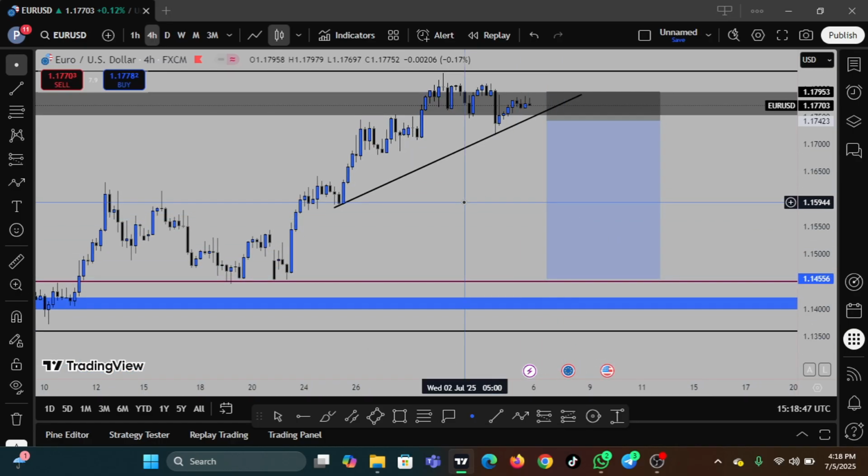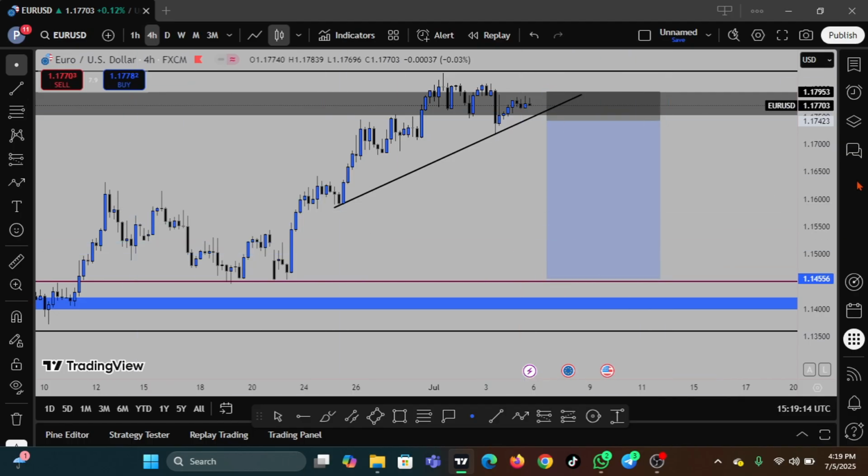So Euro USD, we are bullish as well, but we only want to capitalize on the movement to the downside. The one on GBP USD is not really looking juicy to take the sell, but the one on Euro USD looks nice to take the sell trade. So we are going to sell before we see that exact movement of bullish trend.